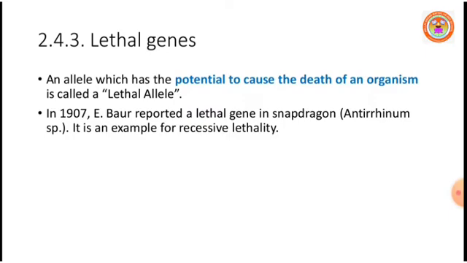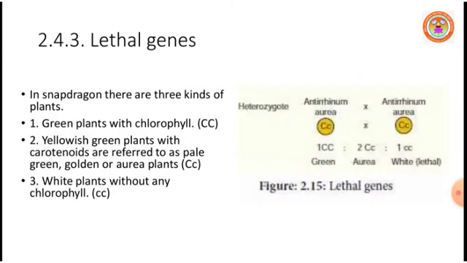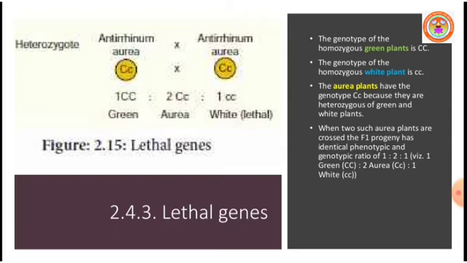Here, if you observe, the genotype of homozygous green is capital C, capital C. The genotype of the homozygous white plant is small c, small c. The aurea plants have the genotype capital C, small c, because they are heterozygous of green and white plants.